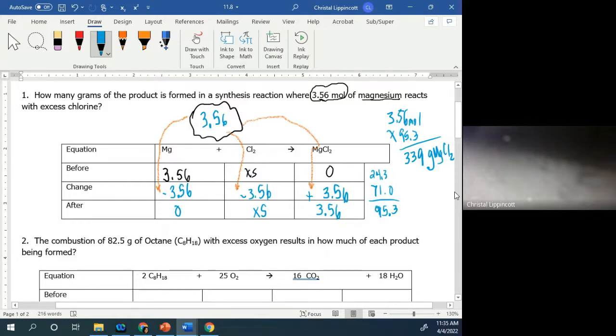Making sense? Any numbers here that I have written that you don't know where I got the number from or how I got it? Okay.